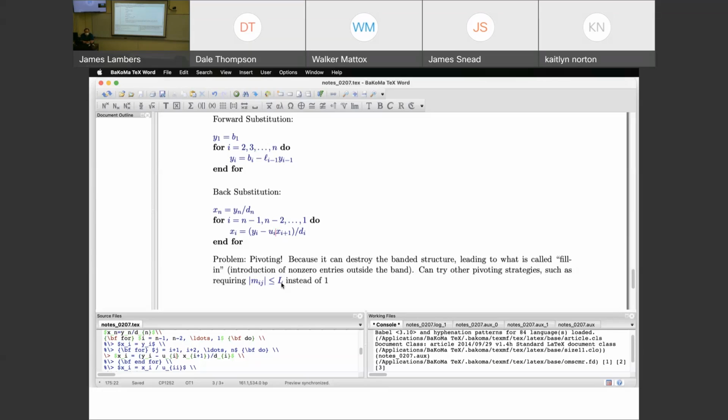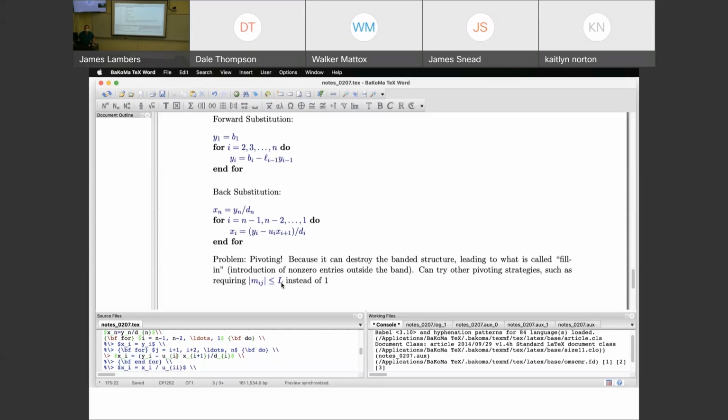Or if a matrix is not nicely structured, you have random non-zero entries all over the place, if you just do Gaussian elimination, even with no pivoting, you could lose sparsity and therefore efficiency. So that's why solution of Ax = b when A is sparse is still a very active area of research.